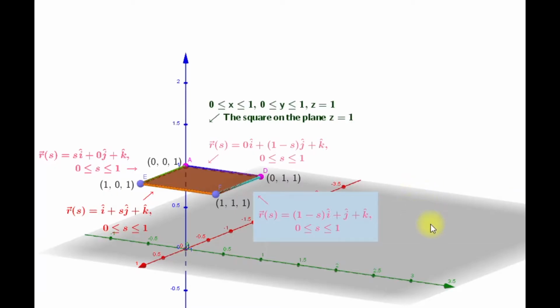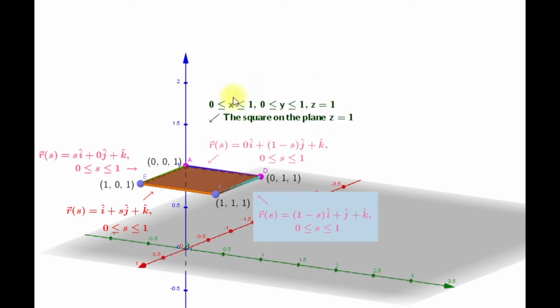In this short video, we consider a square lamina that lies above the xy plane and parallel to the xy plane, at a height of 1 unit.